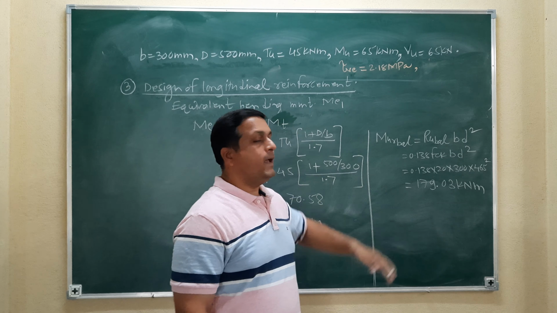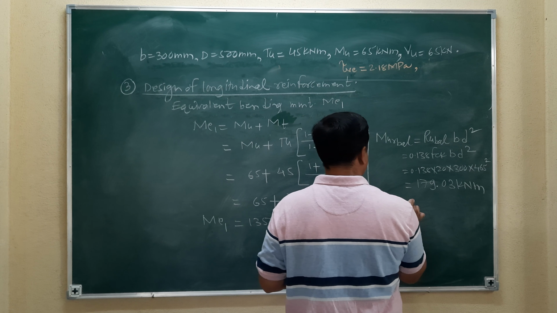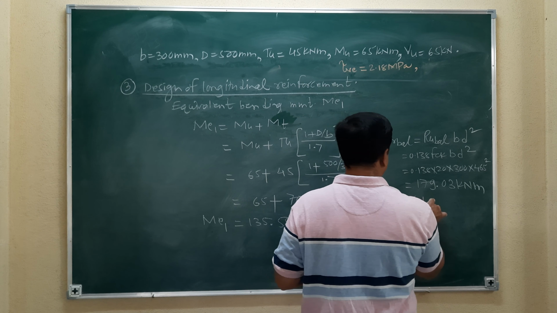Now you have to compare ME1 and MUR balance. By observing both these values, we conclude that ME1 is less than MUR balance, 135.58 is less than 170.03.